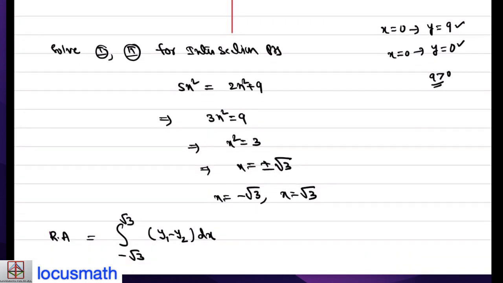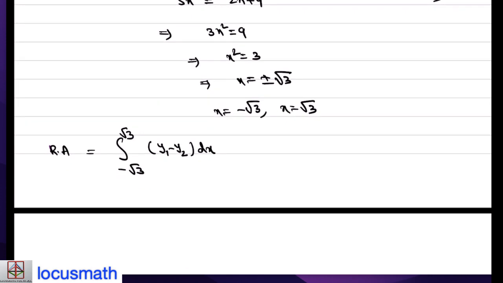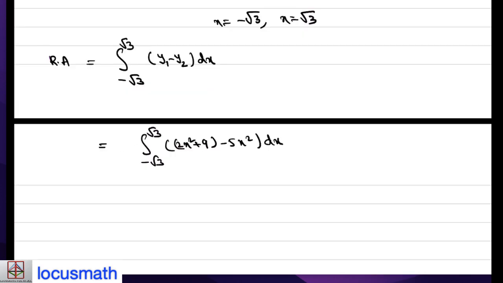So now this is equal to the integration from minus root 3 to root 3. Here y1 is 2x square plus 9 minus 5x square, dx. So this is equal to the integration from minus root 3 to root 3 of 9 minus 3x square dx.